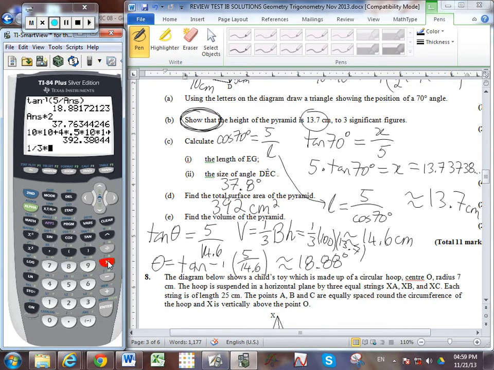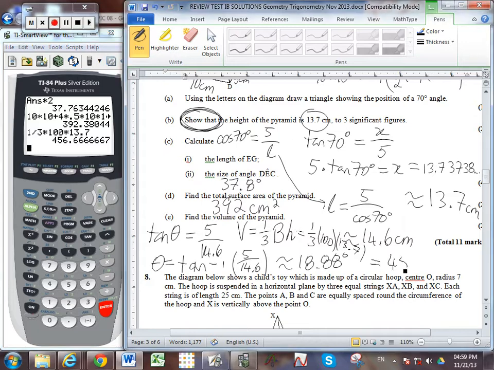That counts as 1/3, doesn't it? 1/3 times 100 times 13.7. And we get 456.7, which rounds to 457 centimeters cubed, because it's a volume, centimeters cubed. 458 centimeters cubed, I think, would have also been accepted if you had just used a slightly different rounded answer in that volume formula.